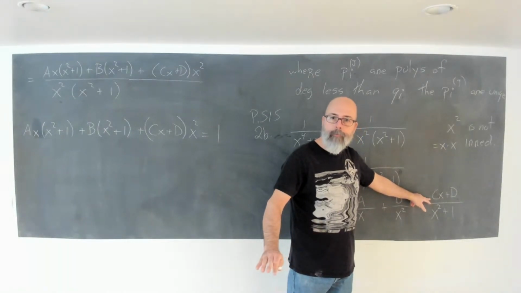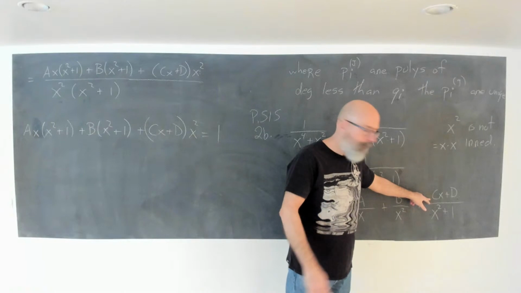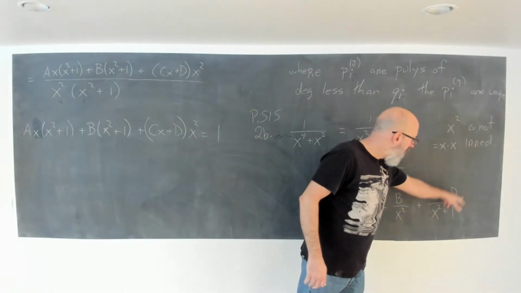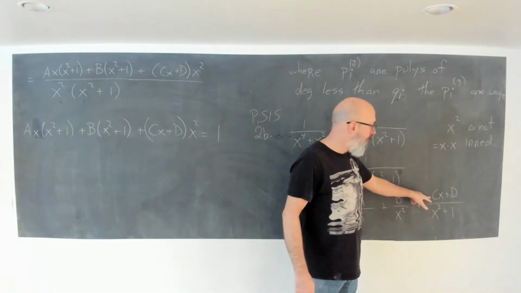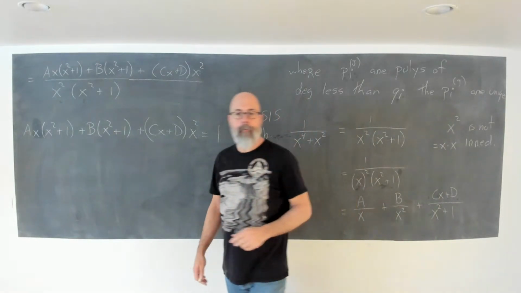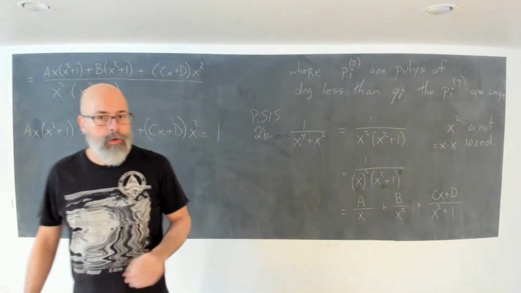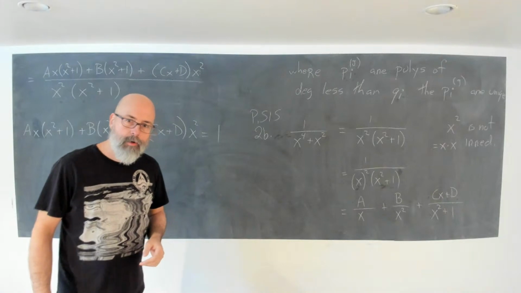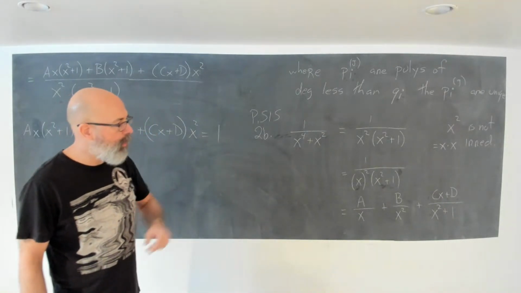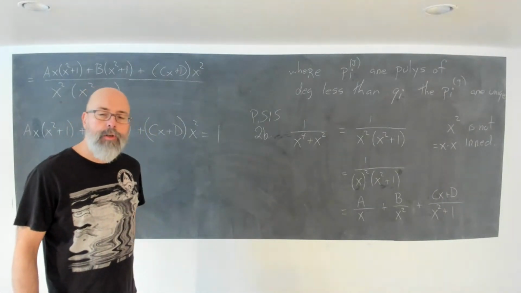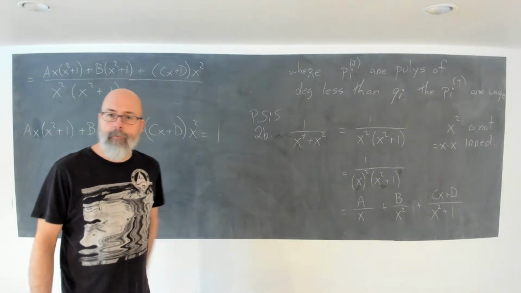We don't know the form. This is what any polynomial of degree less than 2 looks like. If C is 0, you get a polynomial of degree 0. If C is not 0, you get a polynomial of degree 1, even though D may or may not be 0.